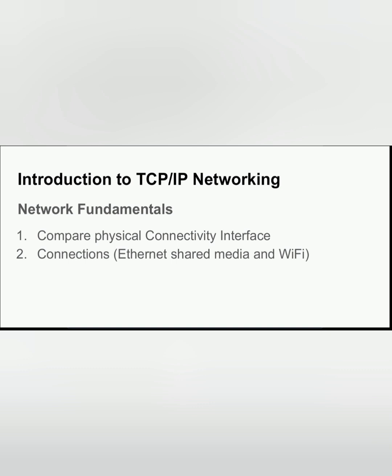It means what is going to be done between two devices, I mean sharing of data. Devices have some sort of media, a physical interface with wiring that makes devices connect and share data. And there are two types of connections which we will try to cover here: Ethernet shared media and Wi-Fi.